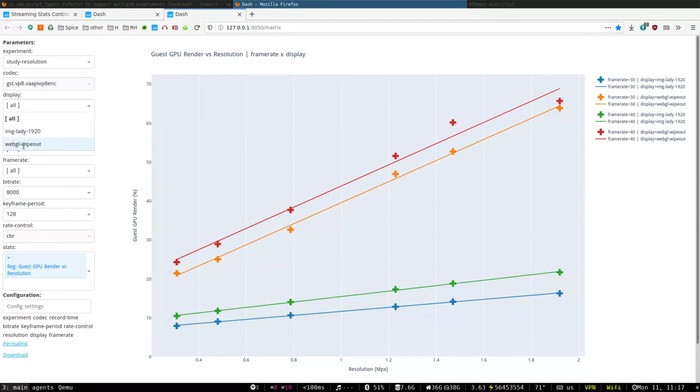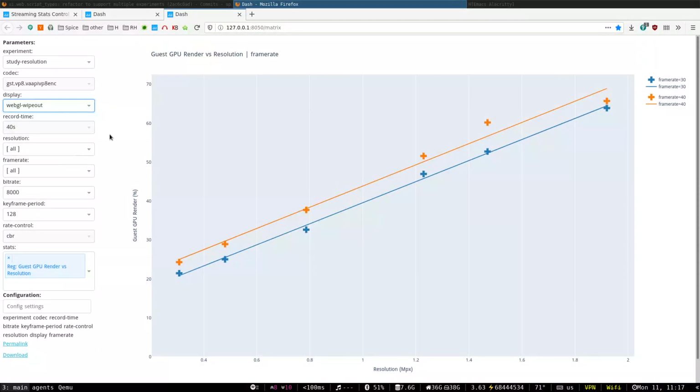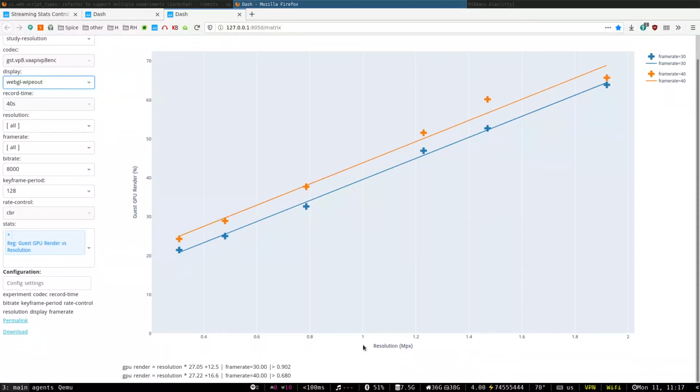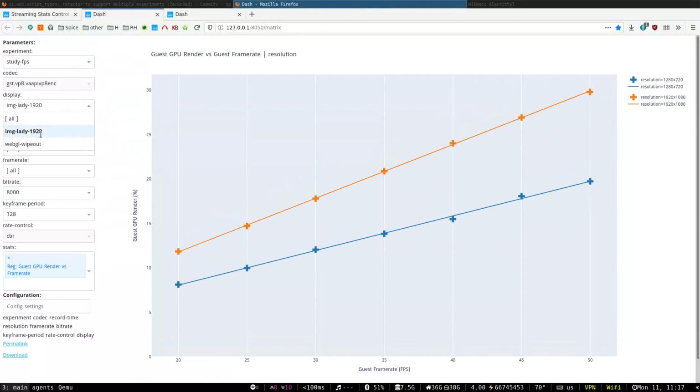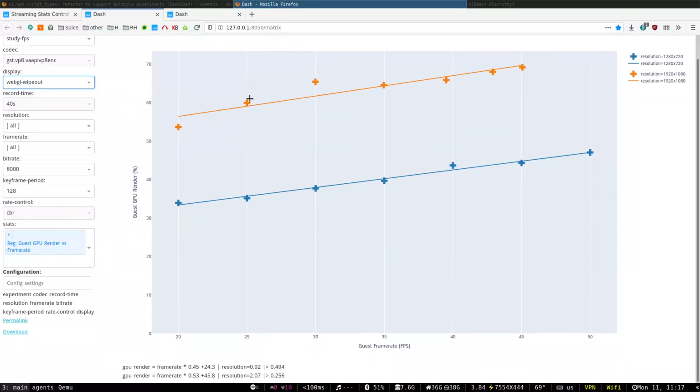So WebGL, and now we've got two equations, one for each frame rate. We do the same here, two equations, and now we can take these equations and put them in a solver.